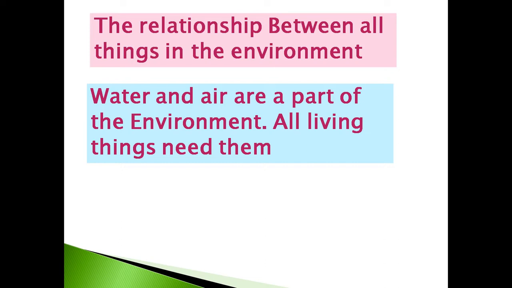Students, we know that water and air are very important for all living things. We cannot stay without water and air. And this water and air we get from our environment.